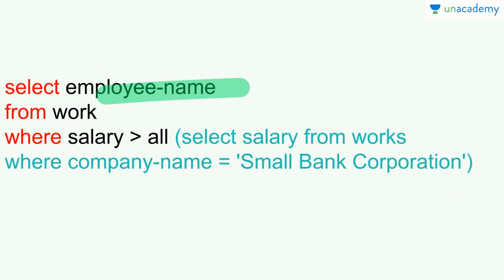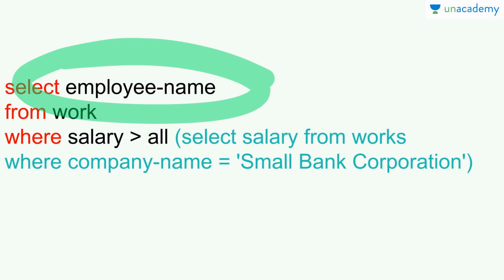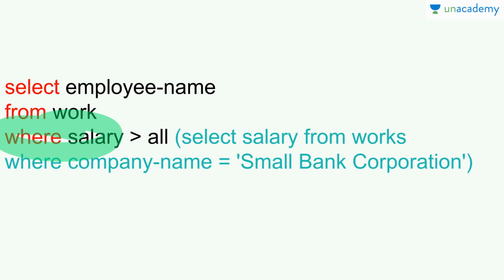Select employee name from works where salary is greater than this. It will check every employee's salary in the works table whether that salary is greater than both 100 and 200. If that salary is greater than both 100 and 200, then what will it print? The employee name.